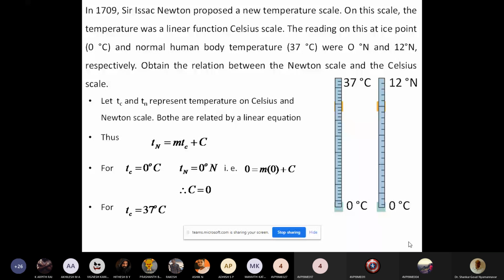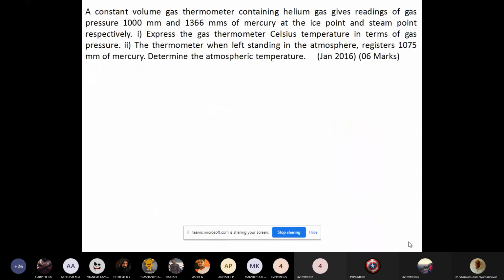So we'll solve one more problem now. It's a scale problem. Read this problem. A constant volume gas thermometer containing helium gas gives readings of gas pressure 1000 millimeters and 1366 millimeters of mercury at ice point and steam point respectively.